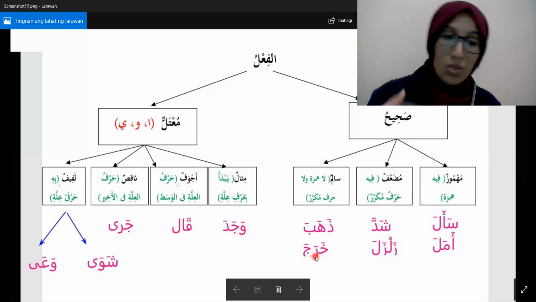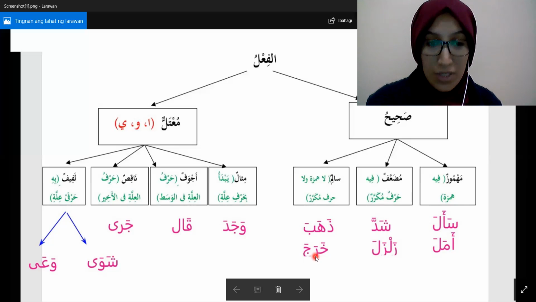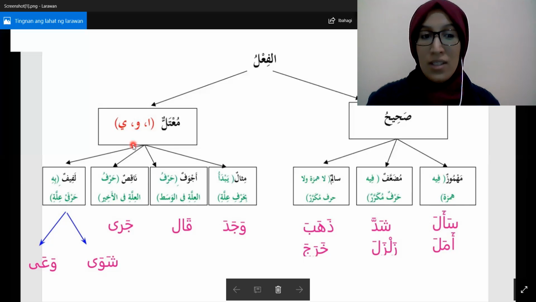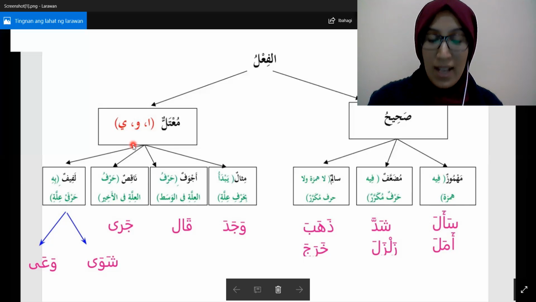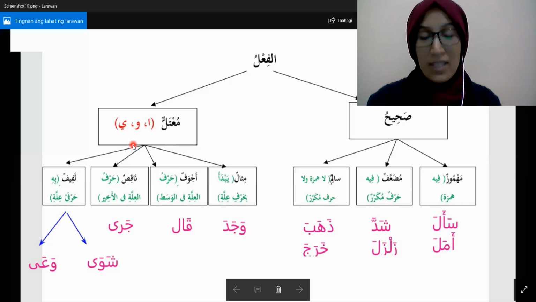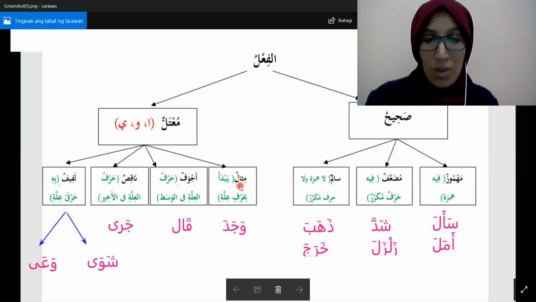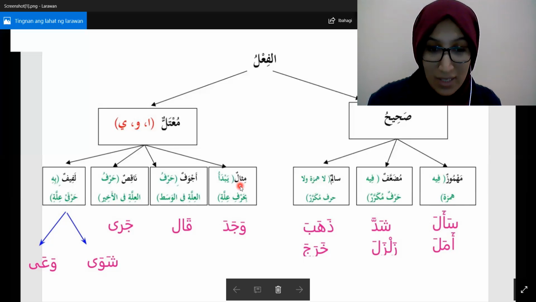Okay, we go to the second category, which is mu'tal. In mu'tal, I have these three letters, and I have four categories or four groups. I have مثال. I say that this verb is مثال when I have my letter of illness, حرف العلة, at the beginning of my verb, like وجد or وصل.